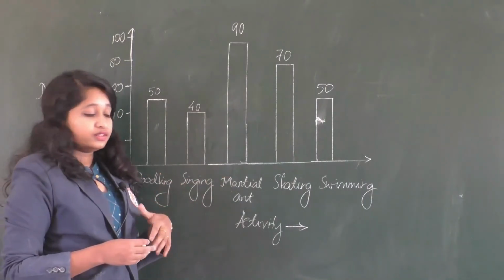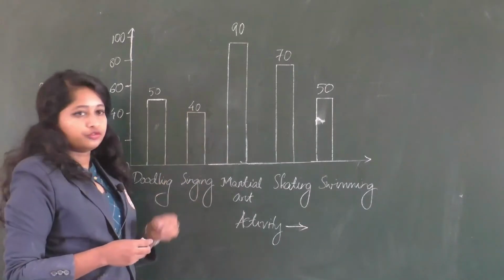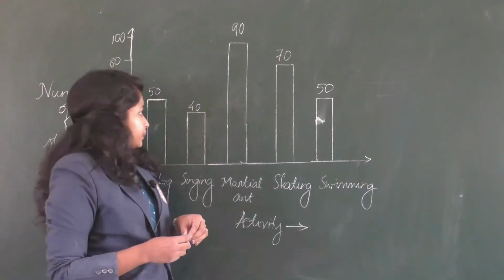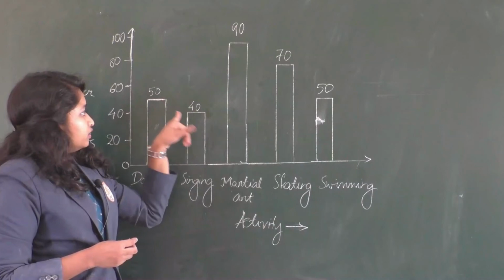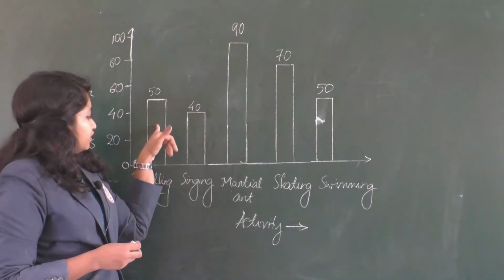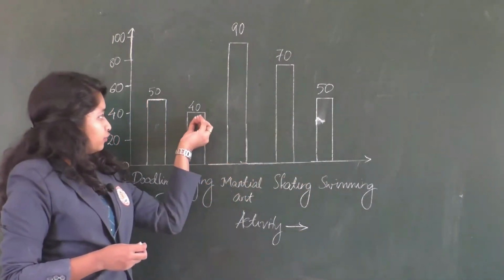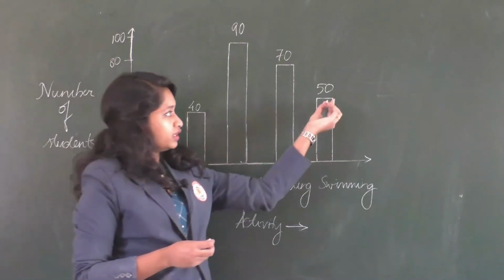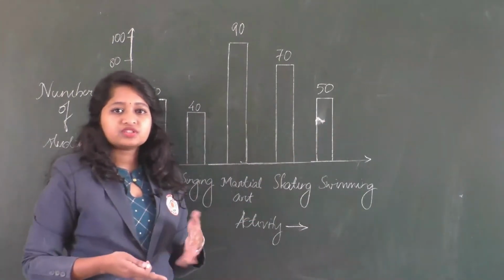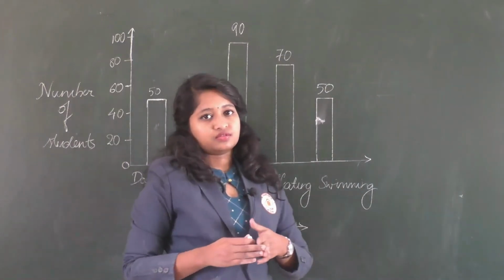How many students are there in singing? It is 40. So there are 10 less than in doodling and swimming. Here we have 40, and in doodling and swimming there are 50. So for any questions related to this data, you can find the answers.